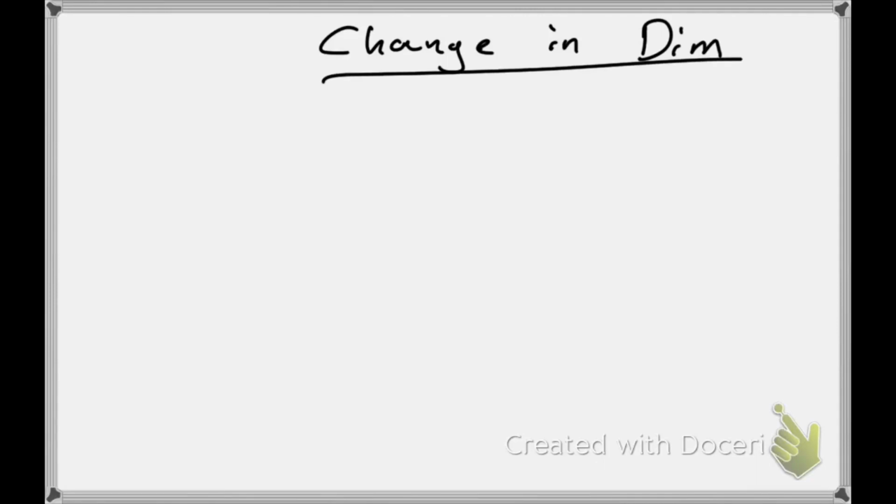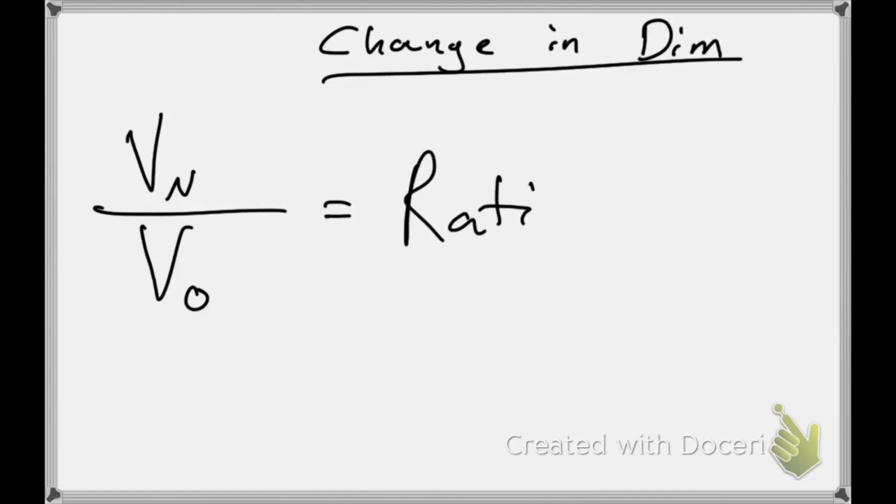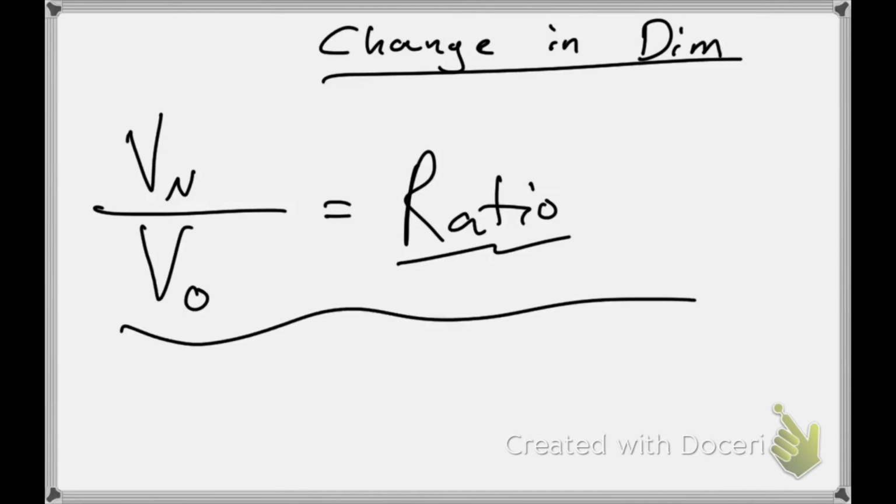If you're looking at a volume, you just calculate the original volume, put the new volume on top, and whatever ratio that gives you will be the change in the dimensions.